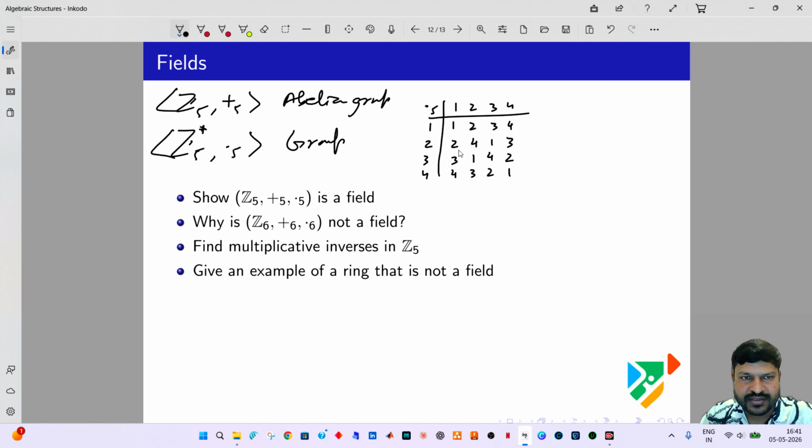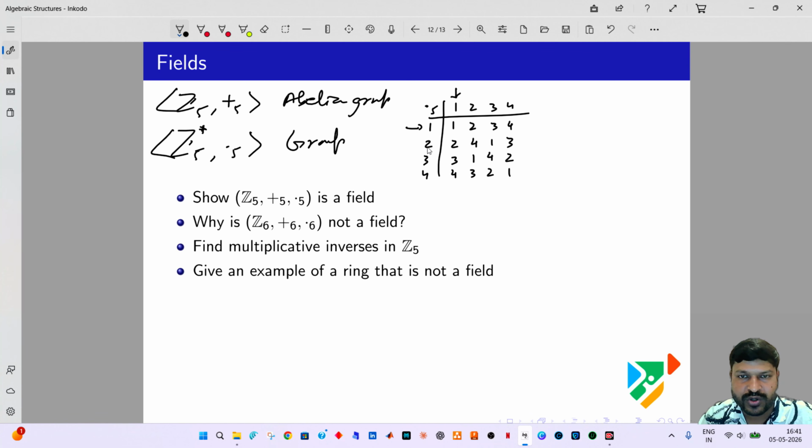So as you can see, all the elements belong between 1 to 4. So the closure property is definitely there. We only have to look for the identity element and inverses. If you see the first row or first column, this is the identity element, because when you operate with any integer, you get the same element.